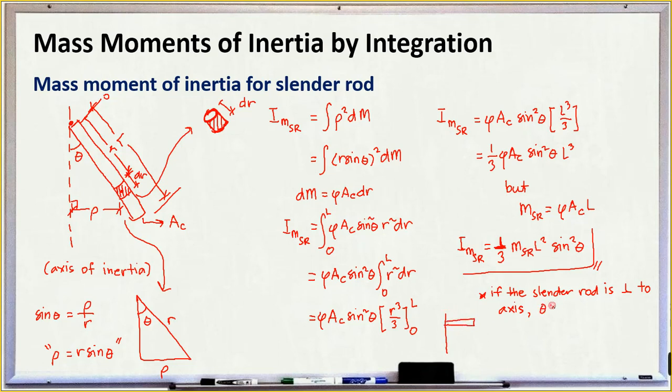So therefore theta equals 90 degrees, and we all know that sine 90 degrees is equal to 1. So therefore, the mass moment of inertia for a slender rod that is perpendicular to its axis is just equal to 1/3 the mass of the slender rod times the length squared. Okay? So that is for this case.